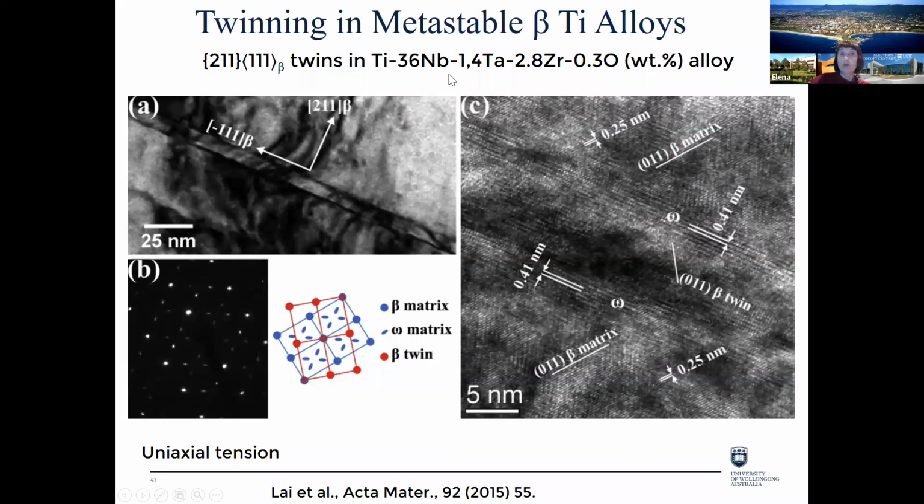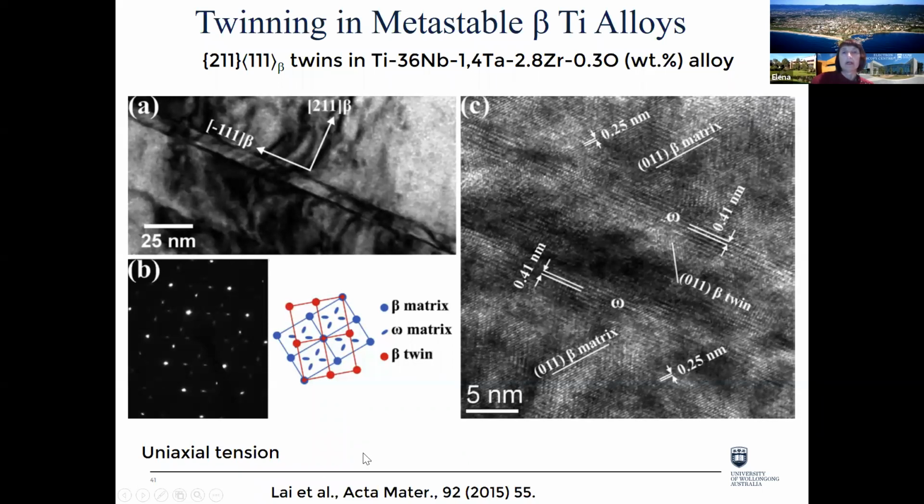in titanium niobium alloys, with different alloy composition, the dominant twin system will be {112}<111> beta. And again here, what was shown is that in addition to formation of these twins, a deformation-induced omega interfacial layer is formed around them.